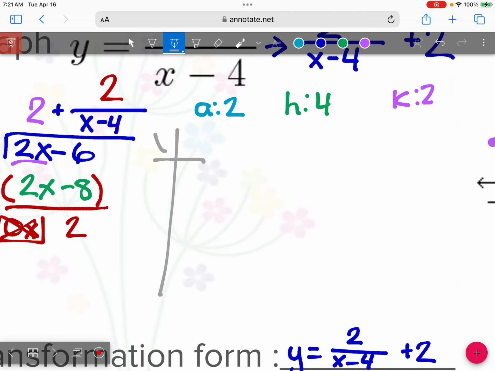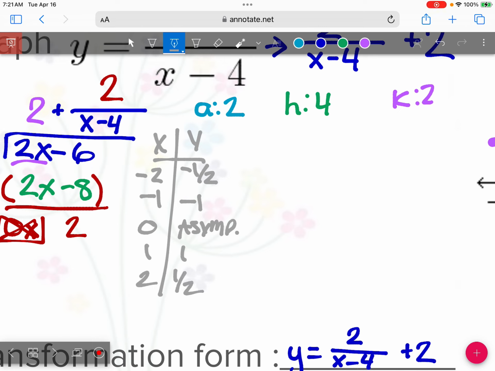Then we're going to take our parent function and apply our transformations. Our parent function doesn't change. So we should still have this from yesterday. This is our parent function, or last week. We used it a bunch last week.